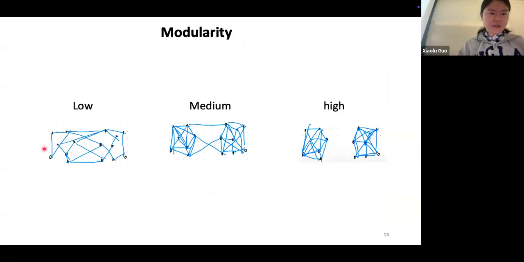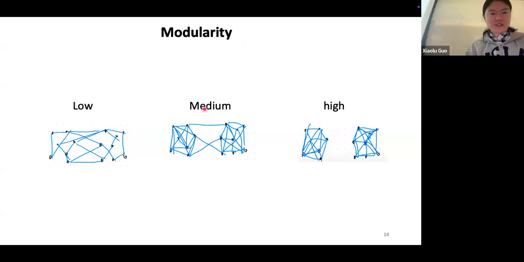So here, if we consider this as a community and this as a community, then this will have very low modularity because they are highly connected between these two versus within each community.